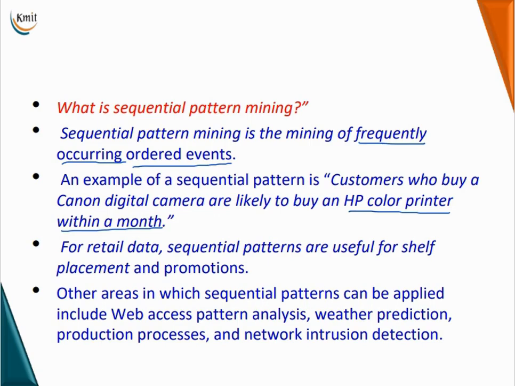So this is useful in retail where the sequential patterns are useful for shelf placements and promotions. For example, products used together are kept in one place. For example, bread, jam, butter may be used together. That's why they are kept nearby.